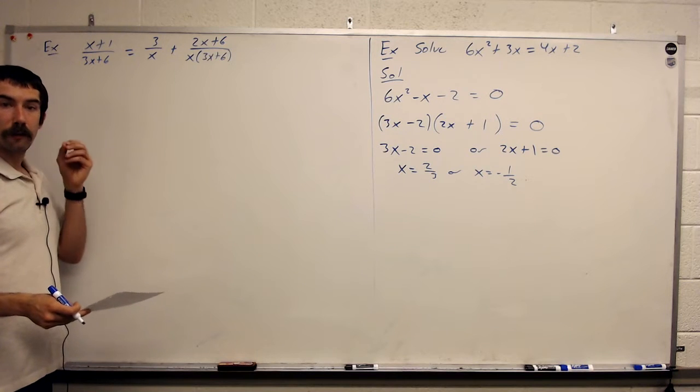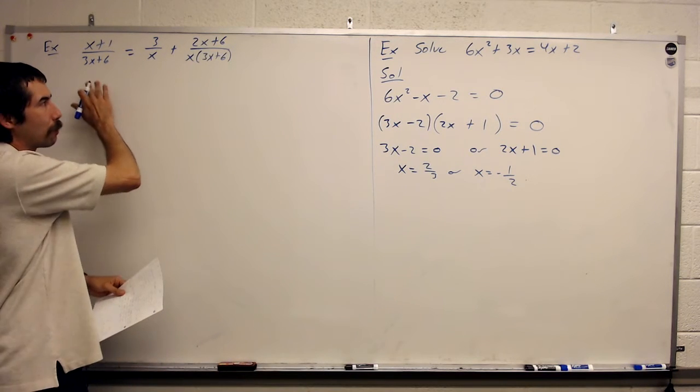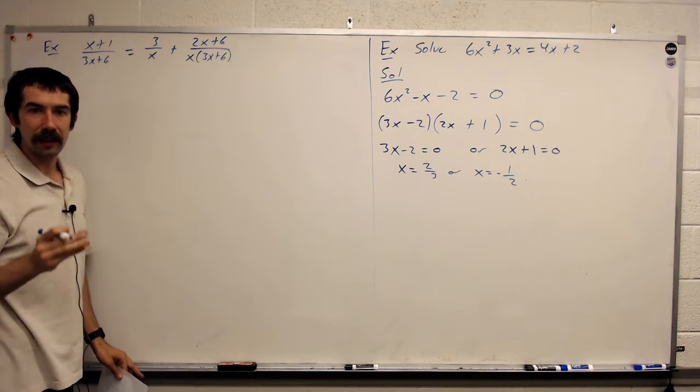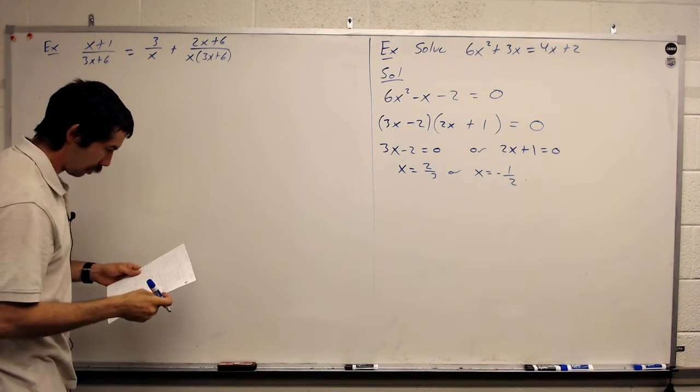The first thing we should do is multiply both sides of this equation by a common denominator. Let's get rid of these denominators.